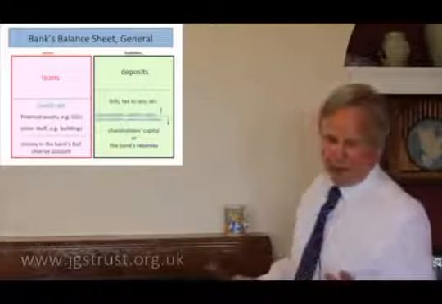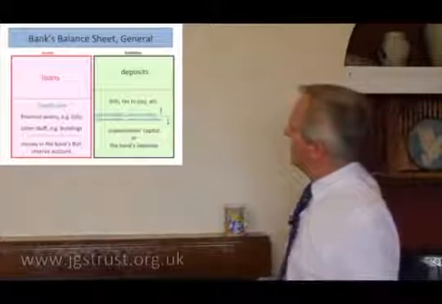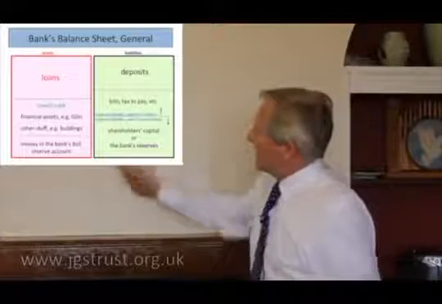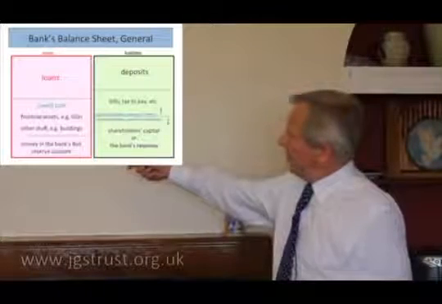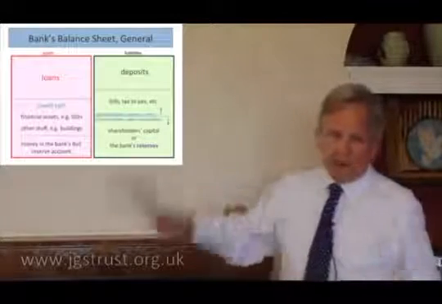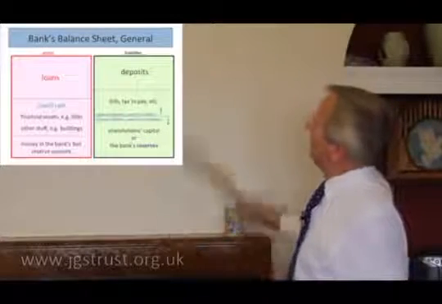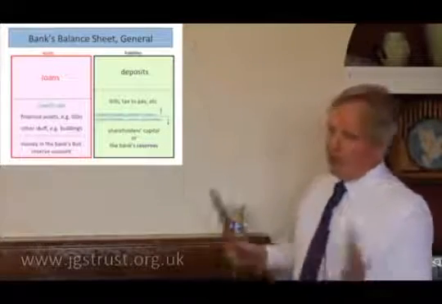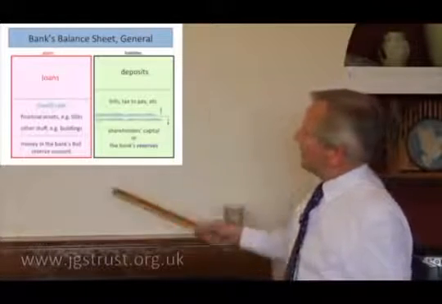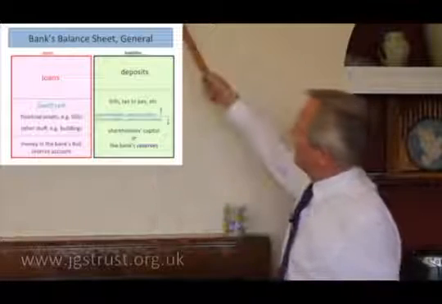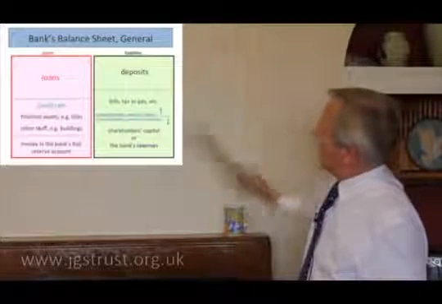We'll have a look at the structure of this in a bit more detail later. So that's an asset to the bank. So the bank has its money in the central bank, the Bank of England. The bank's customers have their money in the commercial bank. And on the commercial bank's balance sheet, the bank's money is an asset and the customer's deposits is a liability.